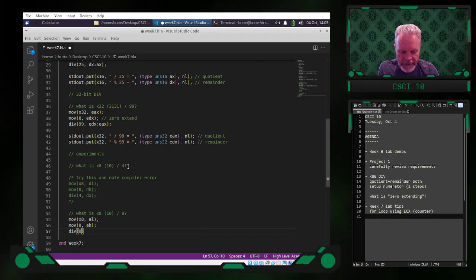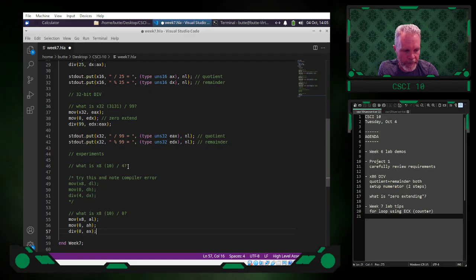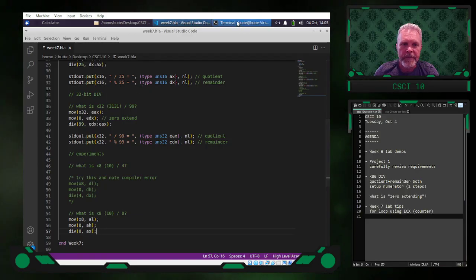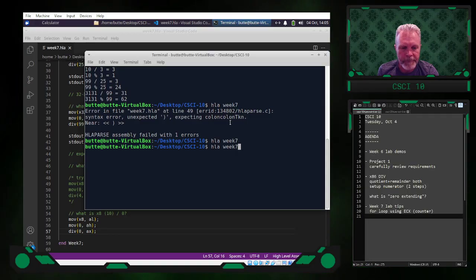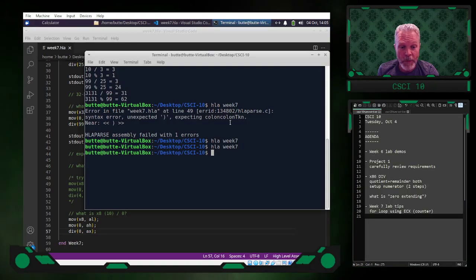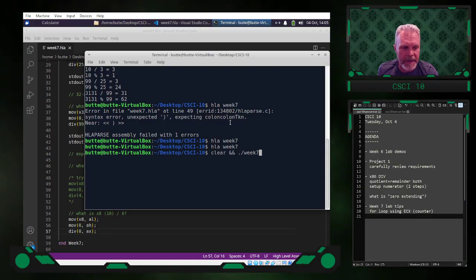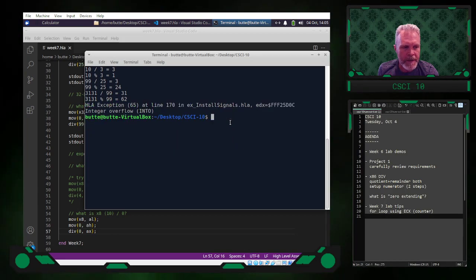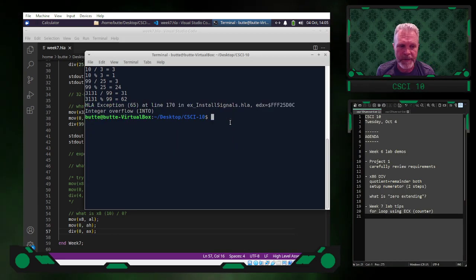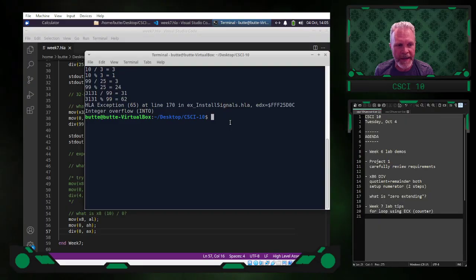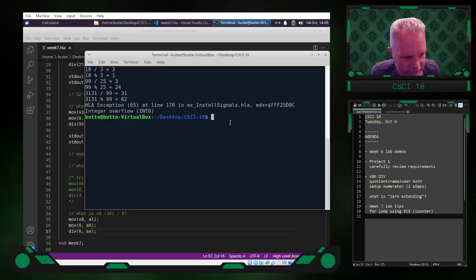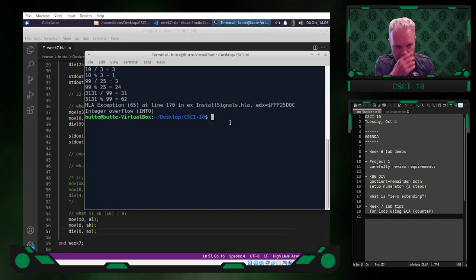But now I'm going to try to divide that by 0, and I'm going to see what happens. It ran, or at least it compiled. Let's see what happens when I run it. Okay, so crash. The program crashes with an HLA exception at line 170, which is not helpful, by the way.